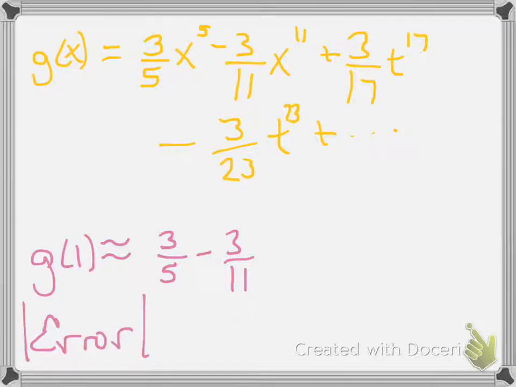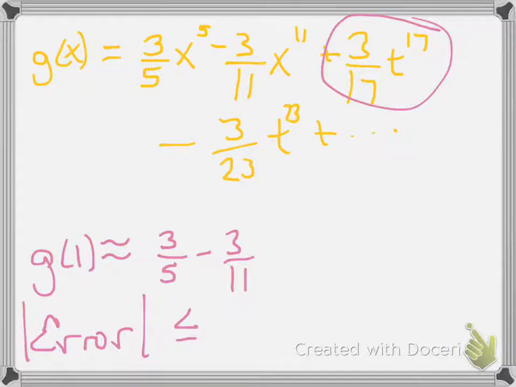Well, how would I calculate the error for an alternating series? For an alternating series, the error in magnitude is less than or equal to, so I should not have an equal sign here, the first term we left off of the series. If we were adding the series together here, the next term would be this term up here, 3/17 t to the 17th, but evaluated at 1, so it gets 3/17.